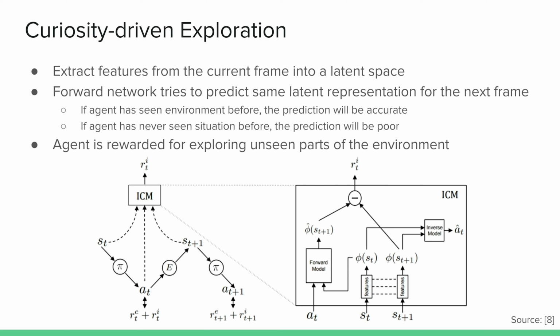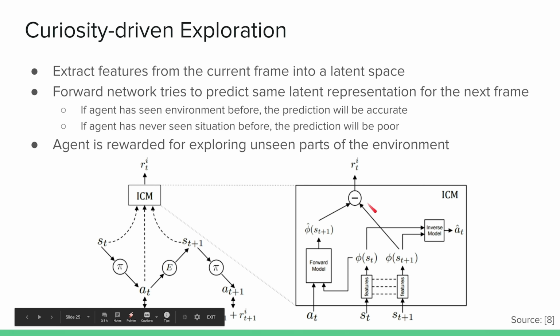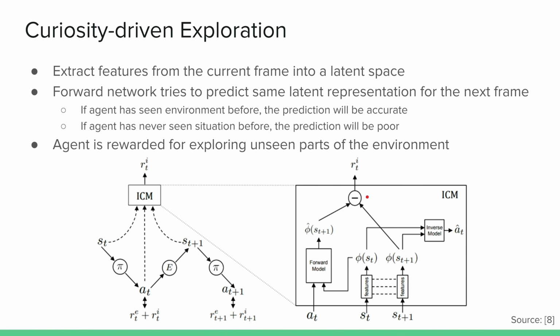Well, that way what happens is that when the agent is in an environment where it has been before, the prediction of the next state will be quite accurate because it has already seen this before, so it knows how the environment will look a little bit into the future. Therefore, when we take now the difference between these two things and use that as an additional reward, we will see that if it has already seen this before, the reward that it gets from this component will be low.